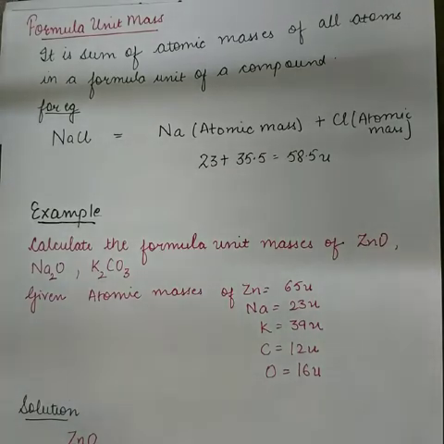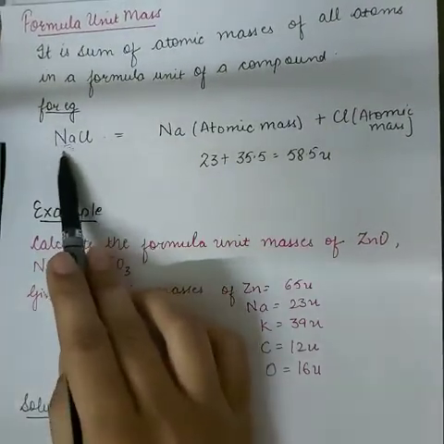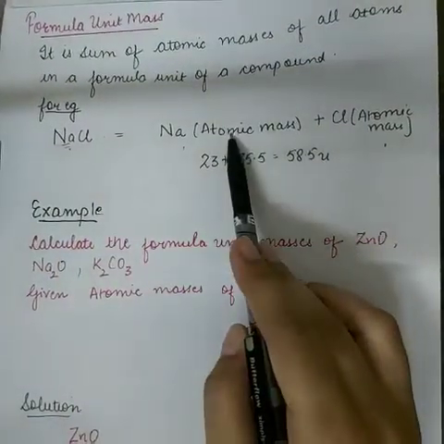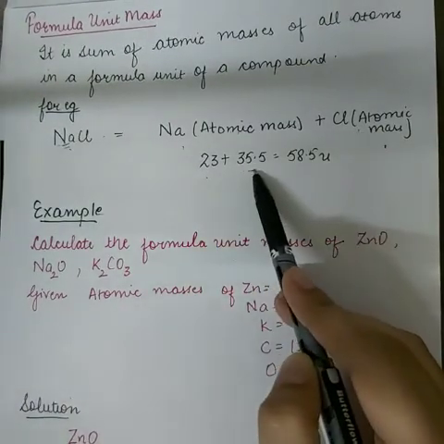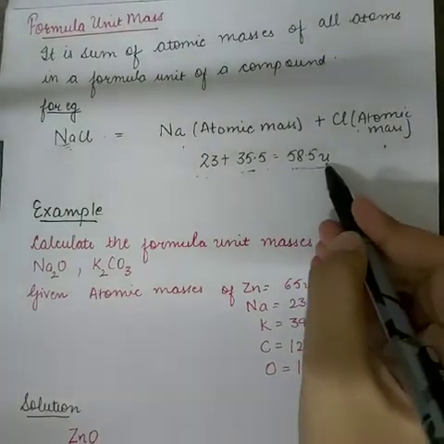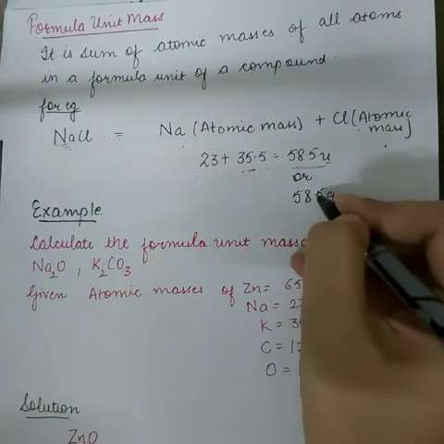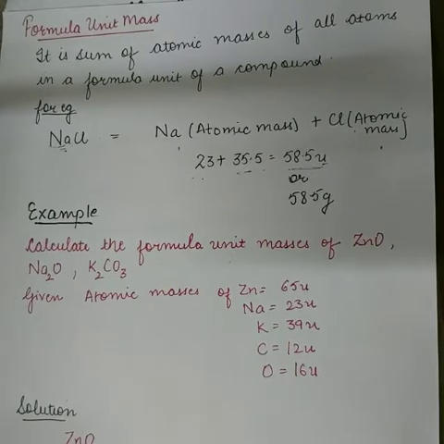For example, I am taking NaCl. NaCl is sodium chloride. Here you have to add the atomic mass of sodium plus the atomic mass of chlorine. Sodium atomic mass is 23, chlorine atomic mass is 35.5. Adding both, you will get 58.5 U, that is unified mass, or you can say 58.5 grams.